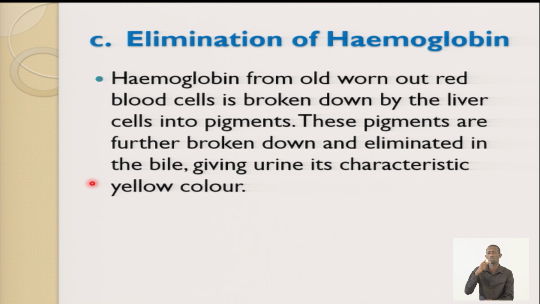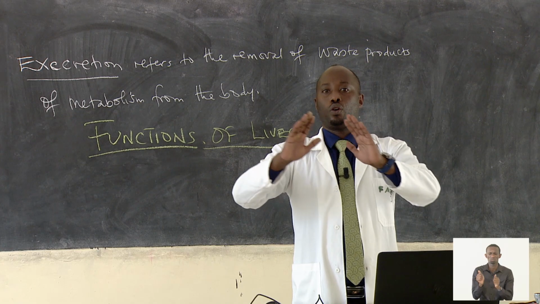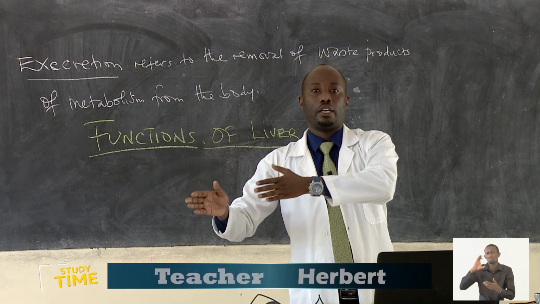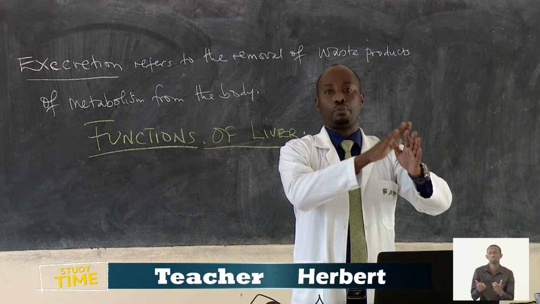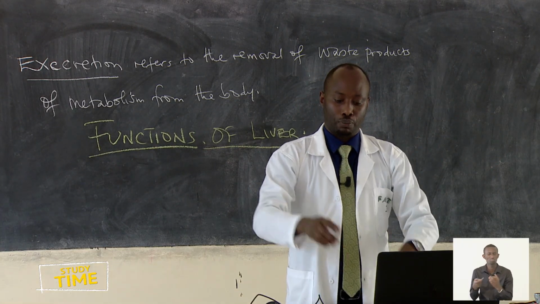And after they go into pigments, they are released out as a waste product. The last one I talked about, elimination of sex hormones and cholesterol. These sex hormones can affect the functioning of the cells. So if the cells are not functioning properly, it can affect the body metabolism, the building up processes and the breaking down processes. So it means that they have to be eliminated.